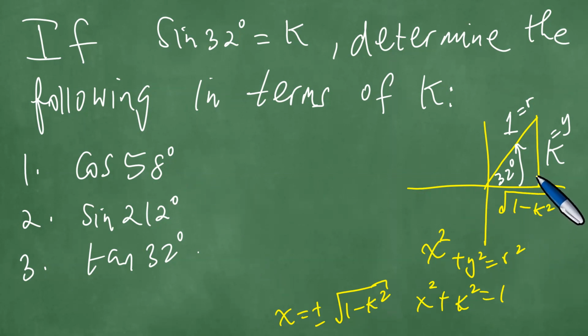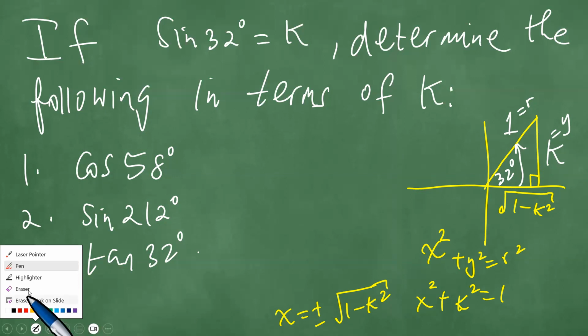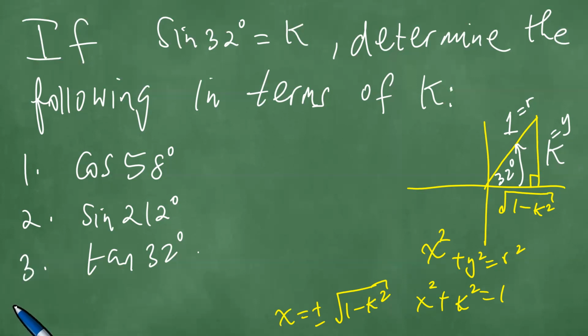If this one is 32 degrees, this one is 90 degrees in the triangle, then this angle here must be 58 degrees, because 58 plus 32 is 90, and the angles in a triangle must add up to 180 degrees.